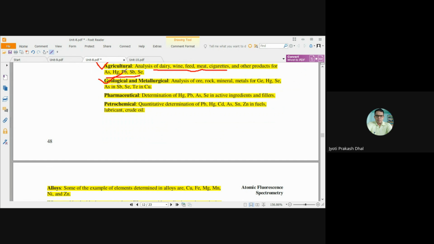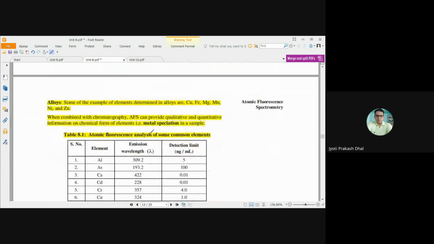Now coming to the geological and metallurgical field, the AFS is used for the analysis of ore, rock, minerals, metals for germanium, mercury, selenium, arsenic, and antimony, selenium, tellurium in copper, etc. For pharmaceutical, AFS is used for the determination of mercury, lead, arsenic and selenium in active ingredients and fillers. For the petrochemical field, the AFS is used for determination of mercury, lead, cadmium, arsenic, tin and zinc in fuels, lubricants and crude oils.